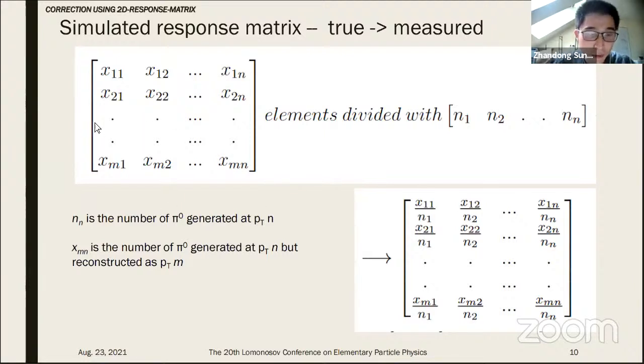We will get a two-dimensional matrix, and the element xmn is the number of pi0 which is generated at pTn but reconstructed at pTm. Simply dividing each column by the corresponding parent pT, we will have a matrix of probability, and this is our 2D response matrix.